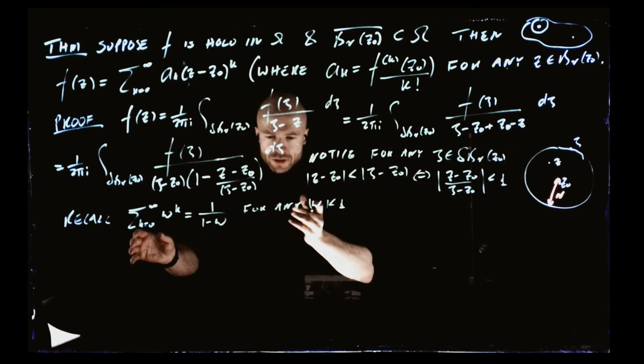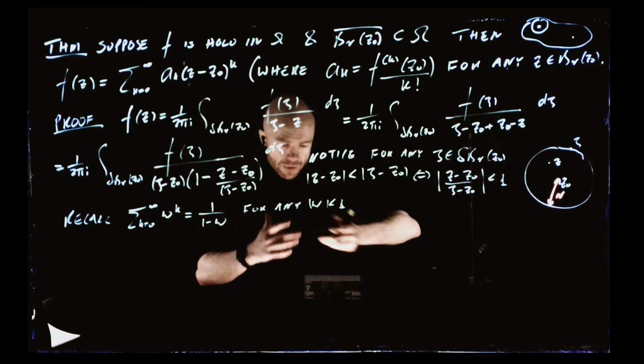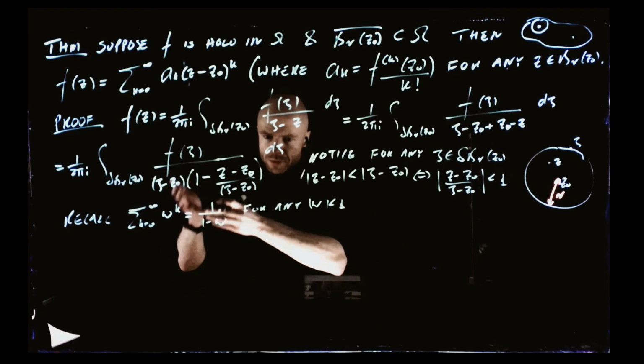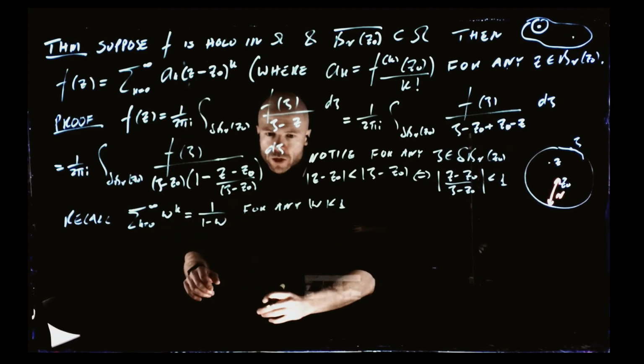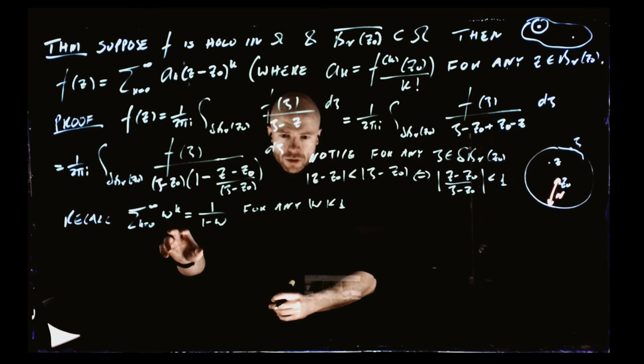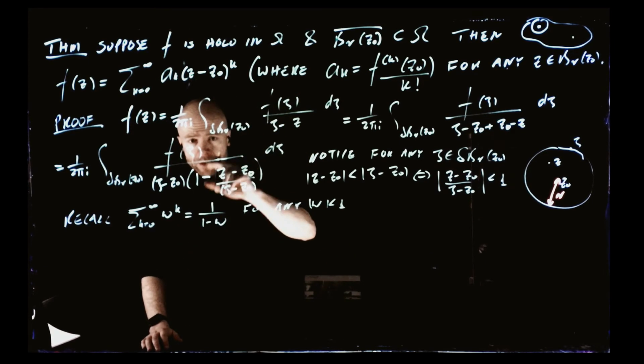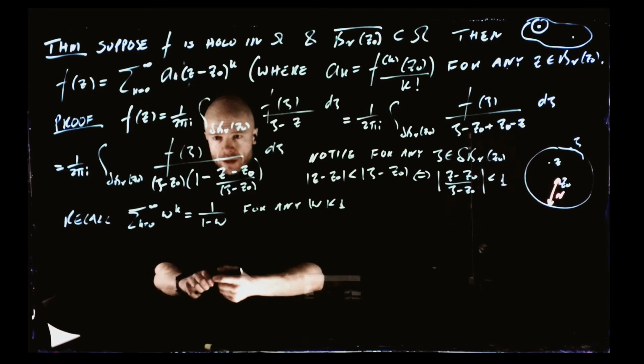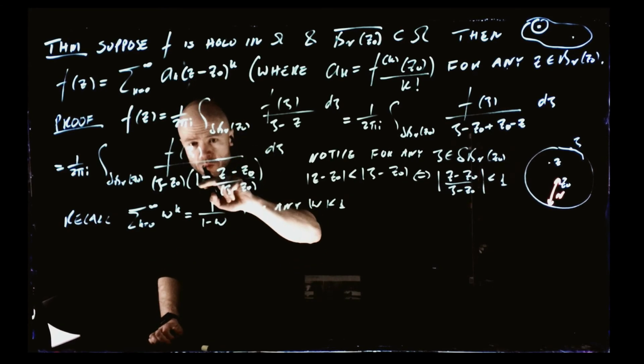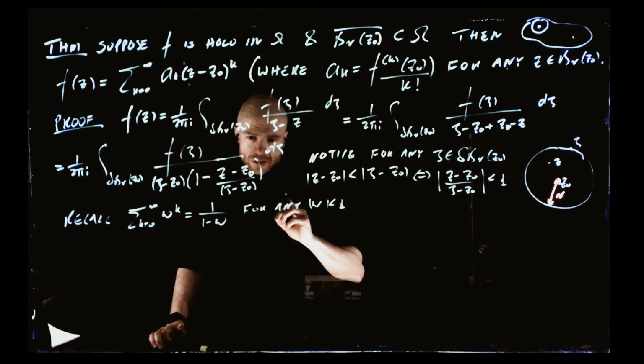This is something you learned in series in calculus 2, and exactly the same proof holds for complex numbers, and I think we even did it. Cool. So we can apply that to this thing here, because this is 1 over 1 minus a complex number of absolute value strictly less than 1.